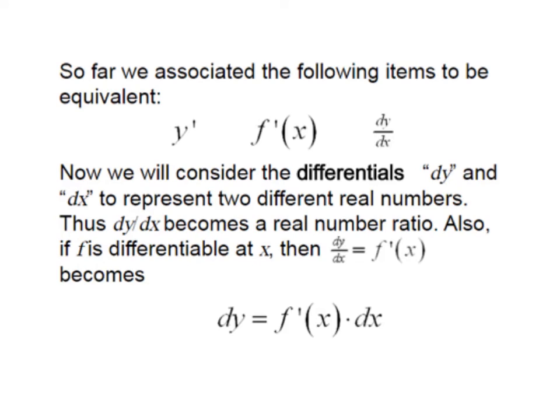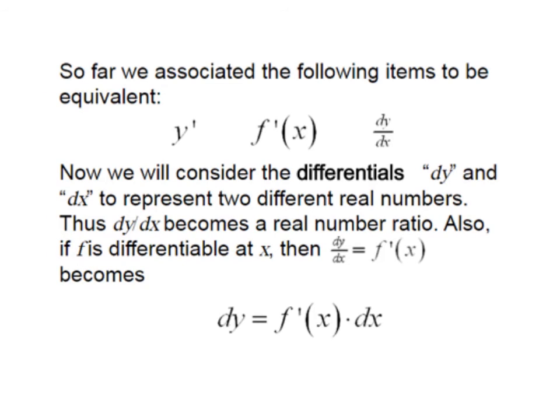So, so far we've talked about the different notation that we use in calculus. Y prime, f prime, dy dx all mean the first derivative. Now, differentials, we're going to take this dy dx as two different real numbers, the change in y over the change in x.